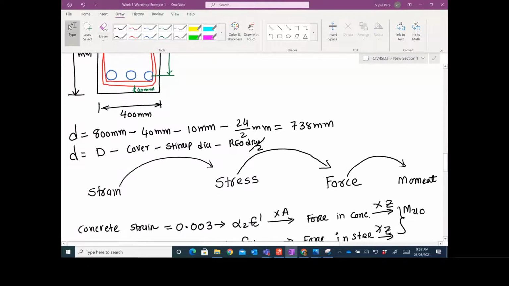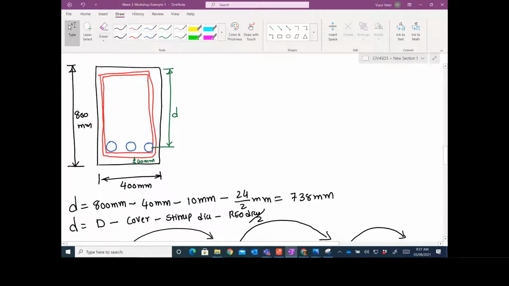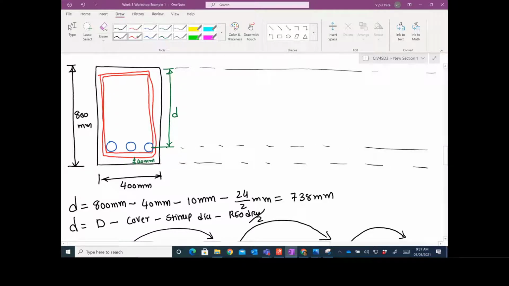Now we're going to follow this philosophy: strain, stress, force, moment, SSFM. That's what we're going to follow. Let me put a reference line there so we have a guide. Now let me draw this vertical line.